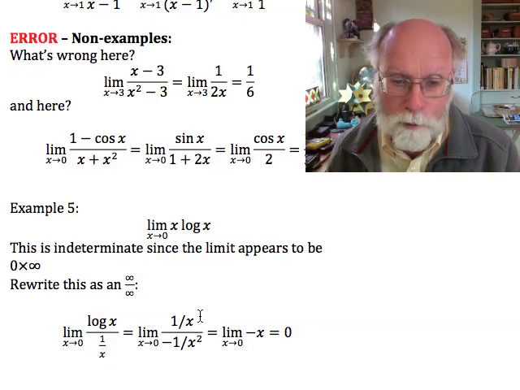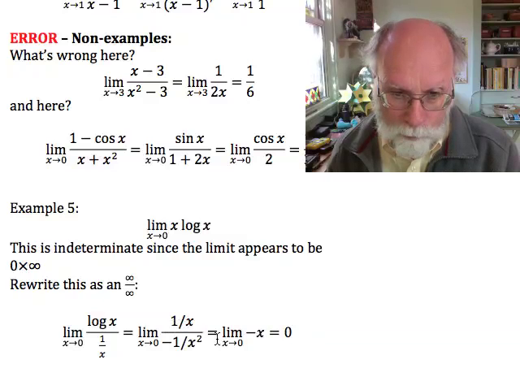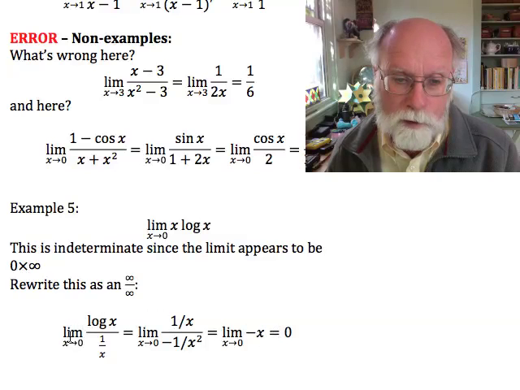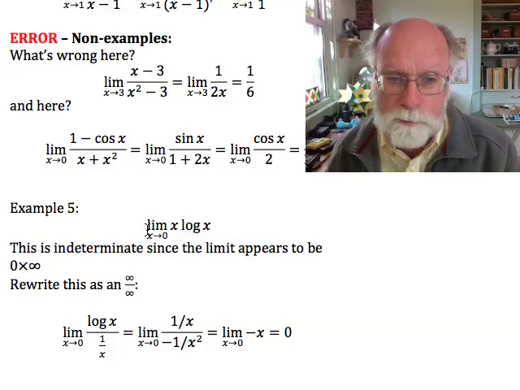We get 1 over x for the numerator and minus 1 over x squared for the denominator. And now we do a little bit of algebra on here, and that's equal to minus x. The limit of minus x as x goes to 0 is 0. So this initial limit, the limit as x goes to 0 of x times log x, is equal to 0.